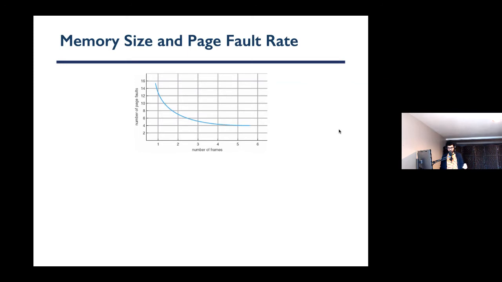Next is to understand a very basic concept that you want your memory to have. You want your memory to give you better performance if you give more memory to an application. So you want the rate at which you get page faults to go down as you give an application more memory. Basically, by increasing the memory size, you should get fewer page faults, and that's intuitive, right? You want that. Now, the question is, do you get that with different policies?